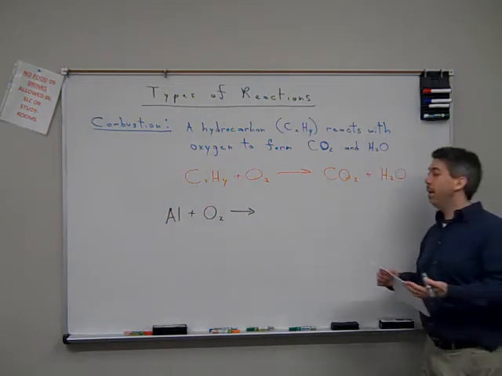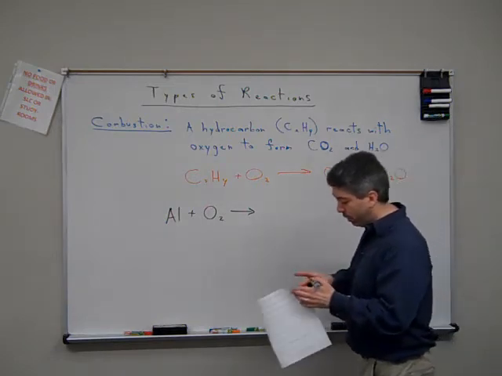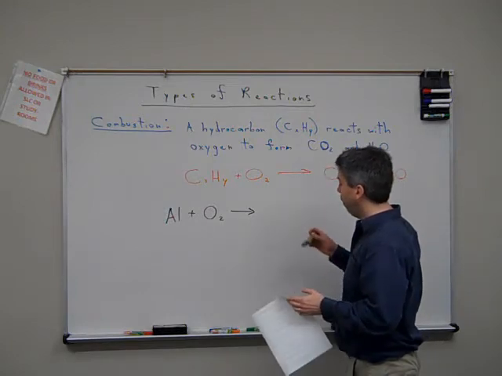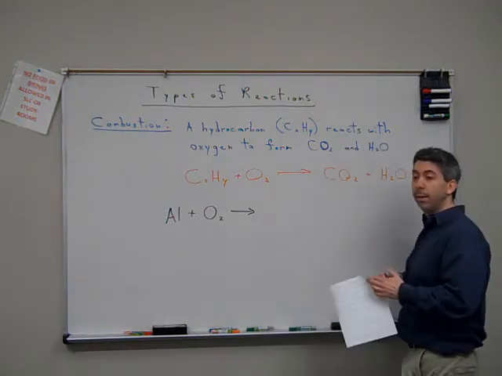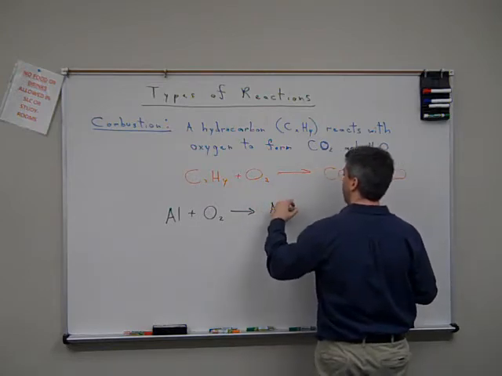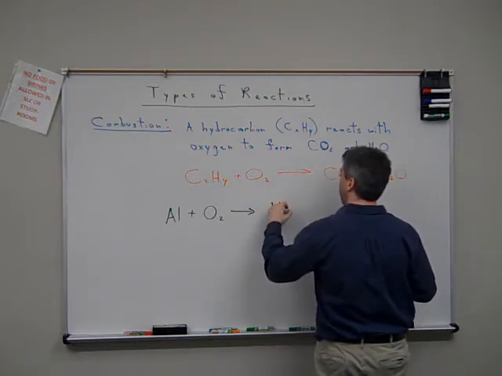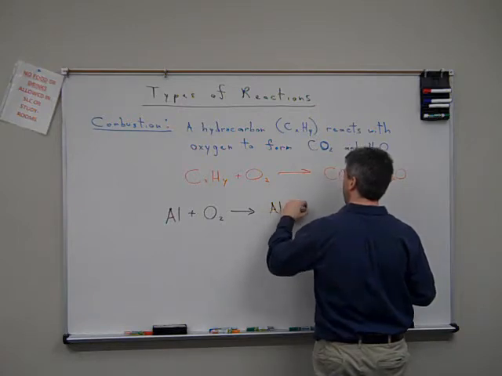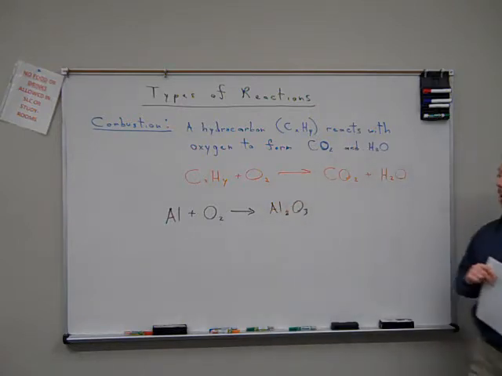Ionic. And since it's ionic, we're going to look at the charges. What would the charge of aluminum be? 3. And the charge of oxygen? Minus 2. So I think we actually already did this one as an example, but we get aluminum oxide.